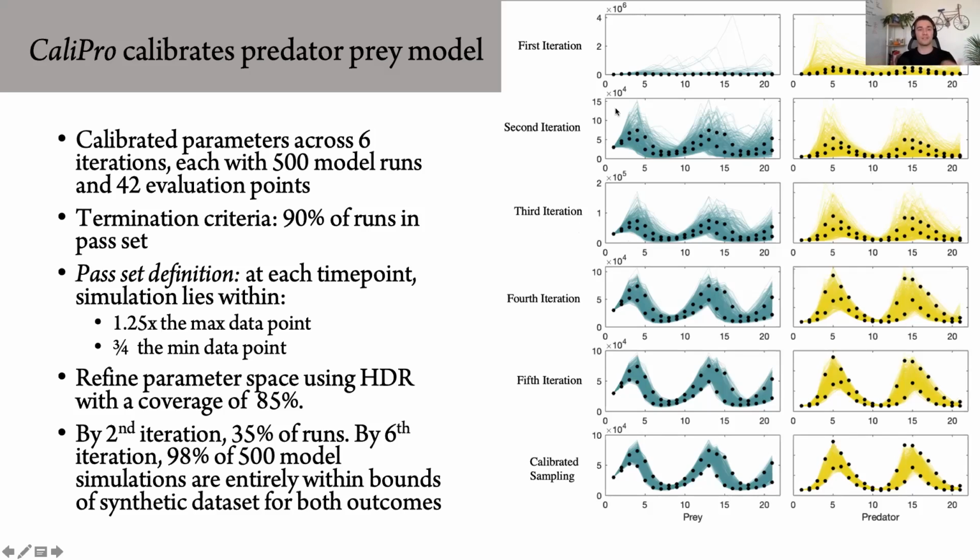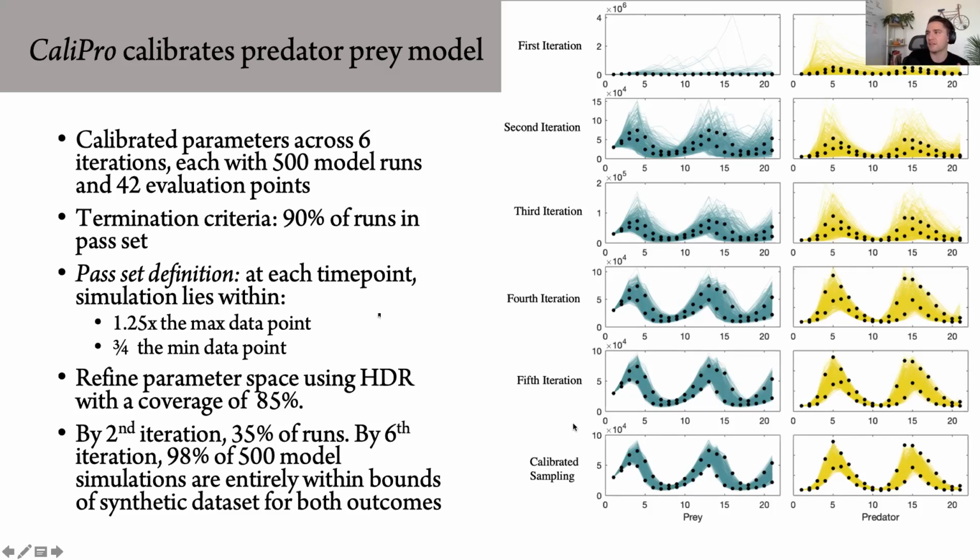Some of your runs, 35% of them, are lying within the bounds of the experimental data for each of those 42 evaluation time points, but some are peaking a little bit higher or lower, and you might like that variance in your model outcomes, depending on the questions you're asking. So again, it's up to the modeler. CaliPro has the flexibility here because you decide in formulating the pass set definition when you want to stop.